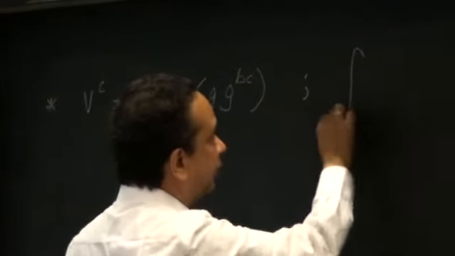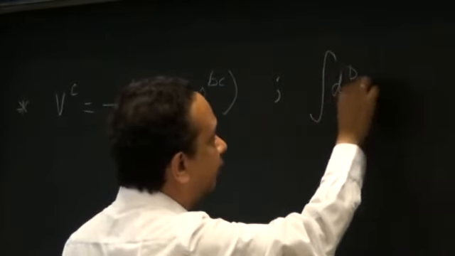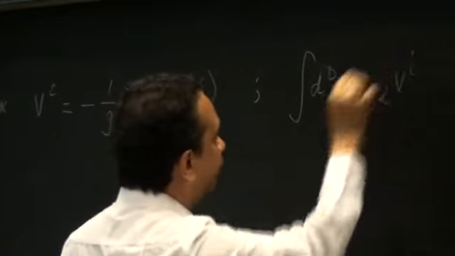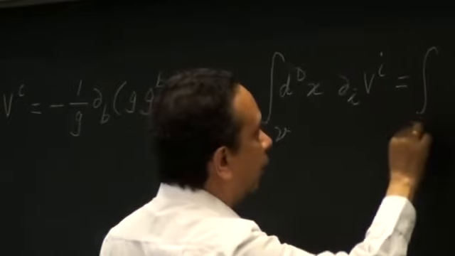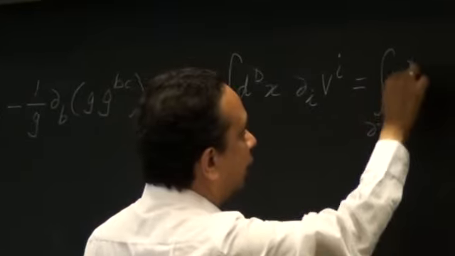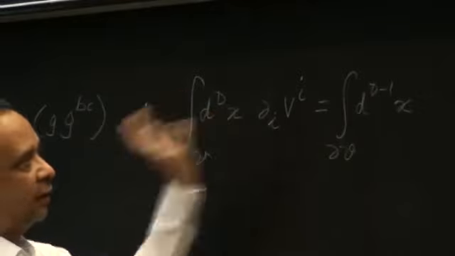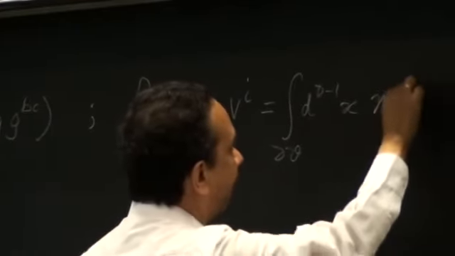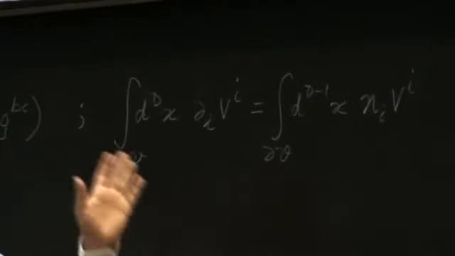Consider the following theorem: the integral of d^D x, d_i of V^i on some volume, is equal to the integral on the boundary of d^{D-1}x, where this is supposed to incorporate the root minus g or the proper kind of terms, times n_i V^i. We all know this, called Gauss theorem or Stokes theorem depending on the dimension.